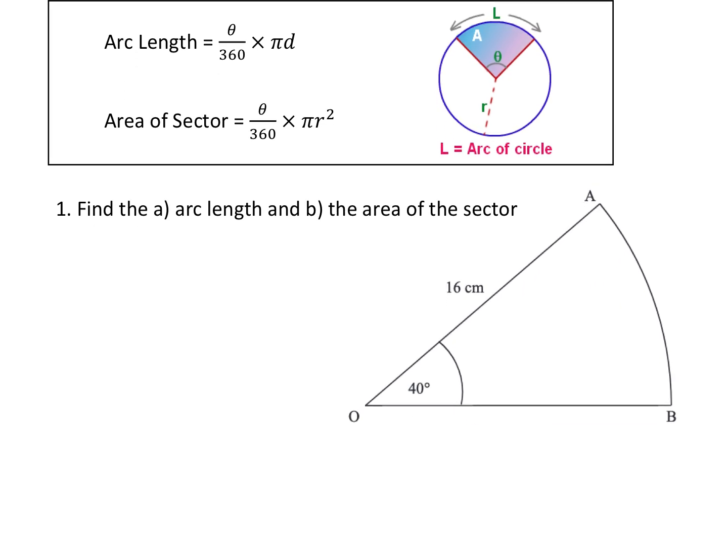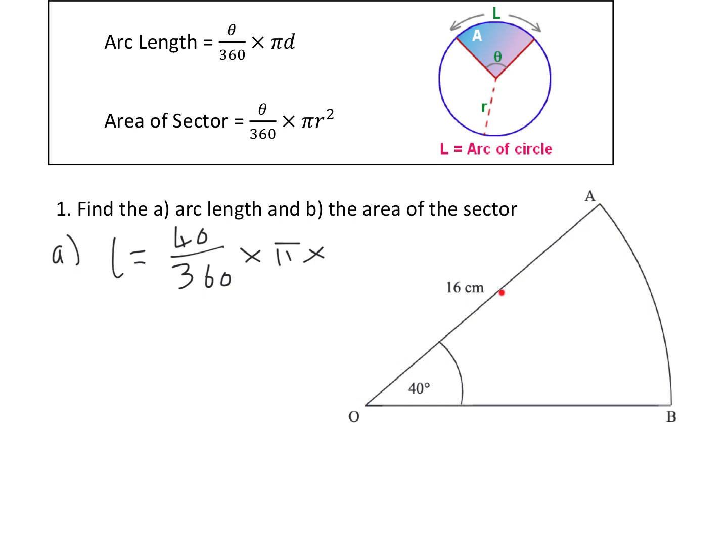1a, find the arc length. So for part A, the arc length, we'll call that L, is theta over 360. Theta is the angle, which is 40 degrees out of 360. You multiply that by pi, and then you multiply that by the diameter. Now, here to here is the radius.